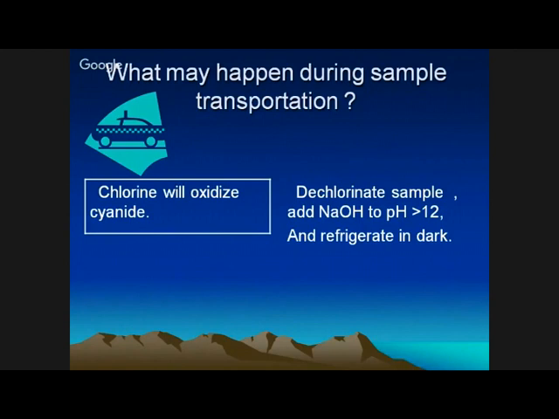Otherwise, if chlorine is present in that sample, it will oxidize the CN. You have to raise the pH to above 8, or 10, or more than 11, by adding NaOH, sodium hydroxide, in the field and then refrigerate in the laboratory, and then you put that sample to analysis.